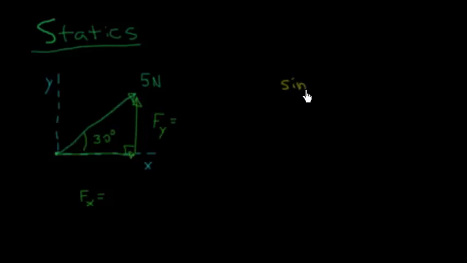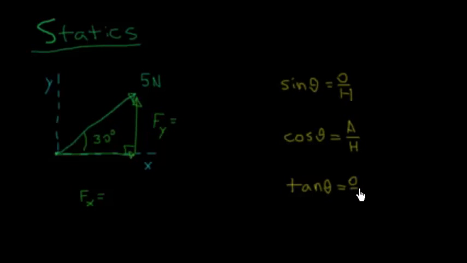So our sine of some angle theta is the opposite over the hypotenuse of a triangle. And then the cosine of some angle theta is the adjacent leg over the hypotenuse of that triangle, and then the tangent of theta is the opposite over the adjacent leg.